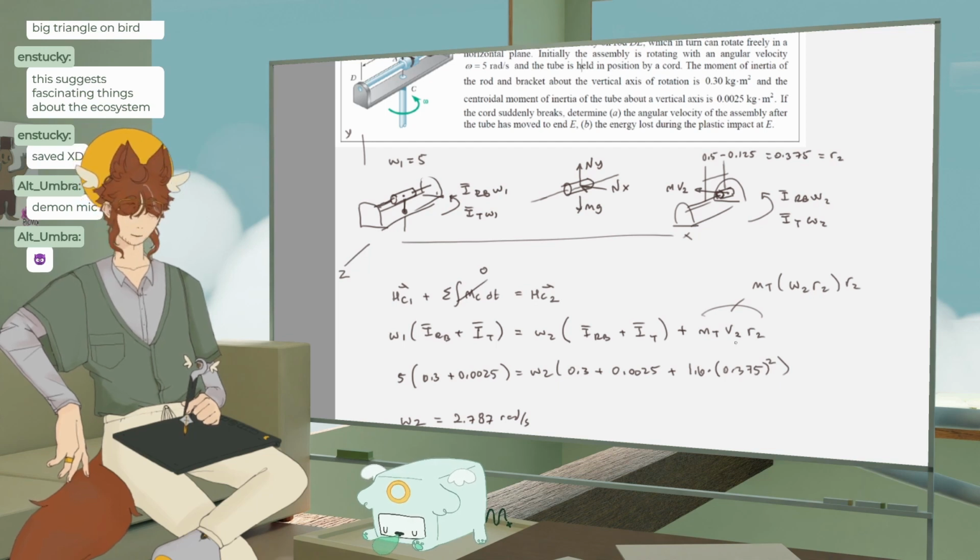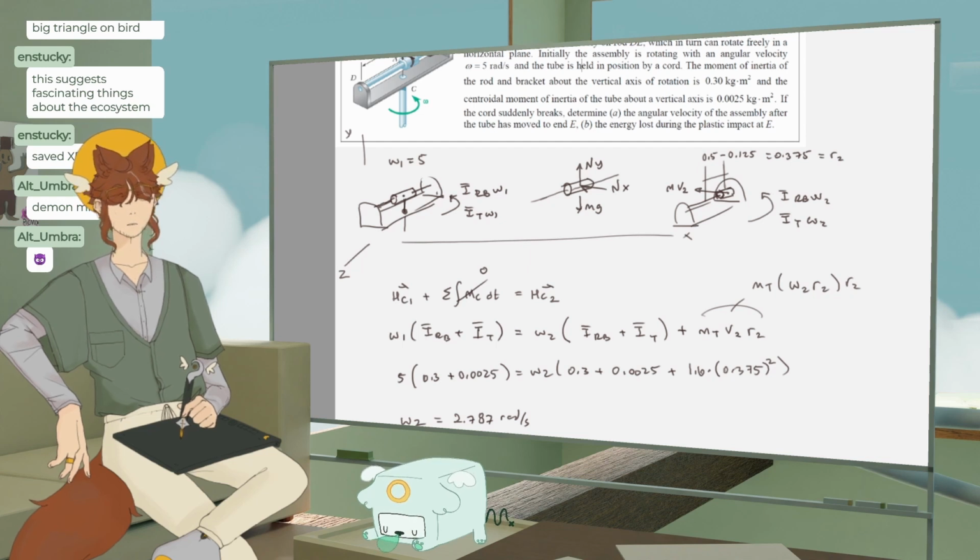Okay, what else did I do wrong? Did I do that wrong on the other side too? Wait, that was the wrong thing I looked at. No, they're still using that stupid picture.